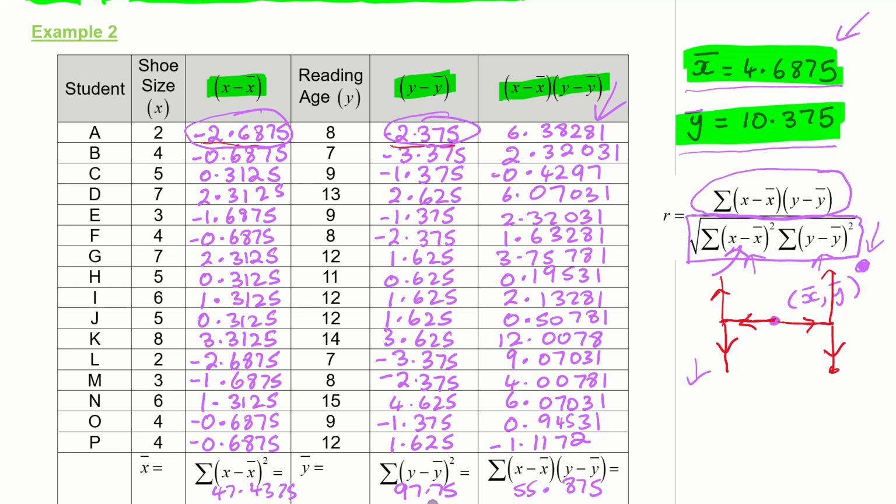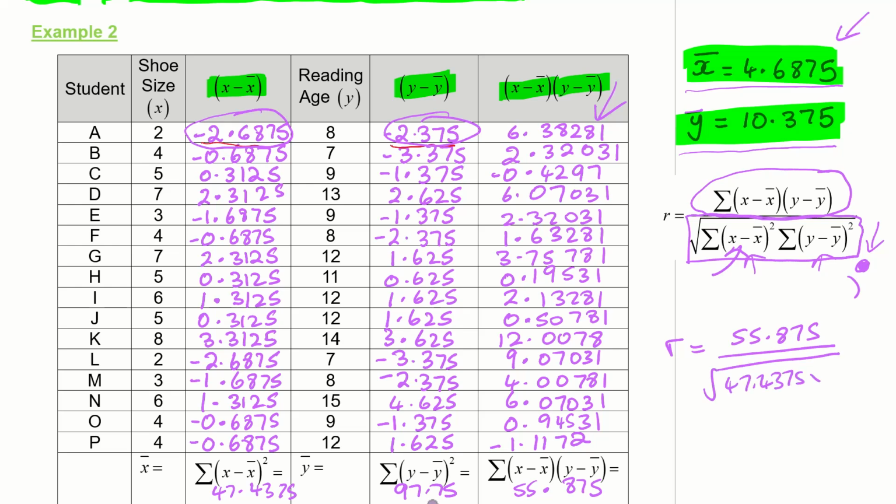So now, following our formula, our R is going to be 55.875 divided by the square root of 47.4375 times 97.75. And if we do that, we get 0.82, which is a nice, strong correlation, strong positive correlation.